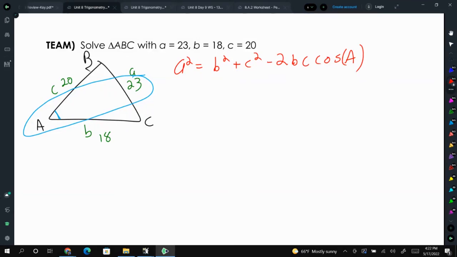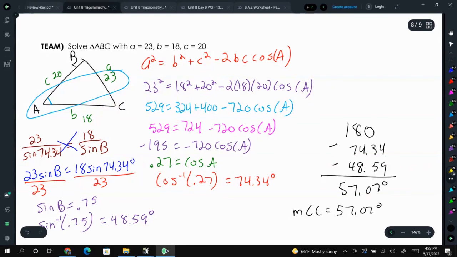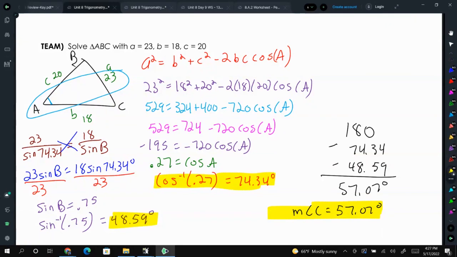So I would pause it after each step and see if you're still on the right track. All right, so you can look at my answers here, double check them, and hopefully you did stop after each step and saw that angle A was 74.34 degrees, and then use that information to get angle B and then angle C.